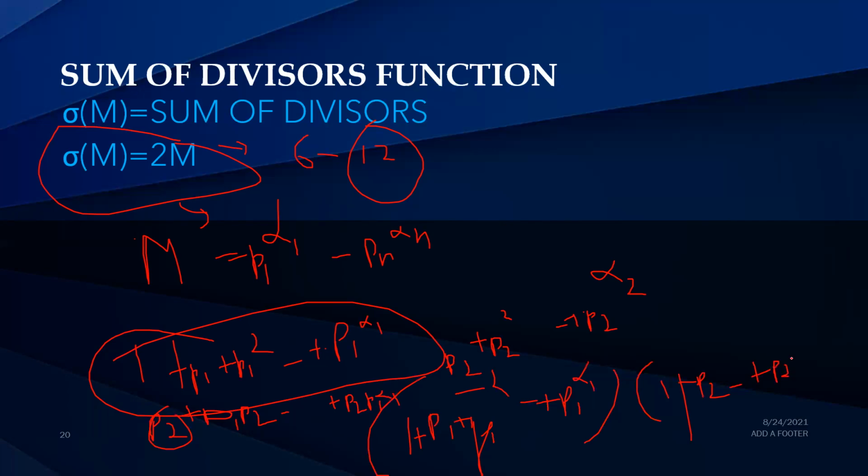Similarly, now you have noticed that this is a multiplicative function. So all this will be multiplied in a similar way, and you all know GP, so you can write this expression properly like this: p1 raised to alpha 1 plus 1, minus 1, divided by p1 minus 1, and so on, right?